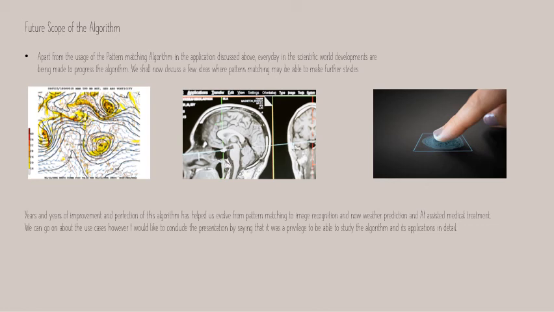Second is AI-assisted brain surgery. Our central nervous system is one of the most important parts of our body. It consists of the brain and spine. Over the years, medical fraternities have been trying to edge closer towards technology-based diagnosis.